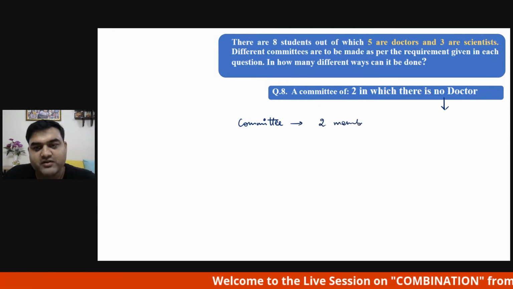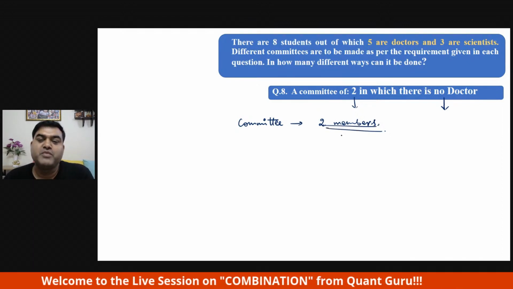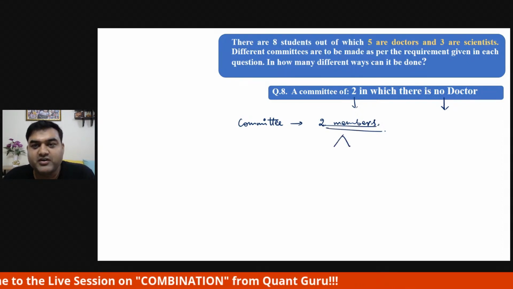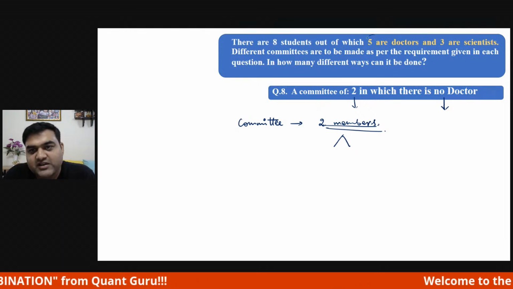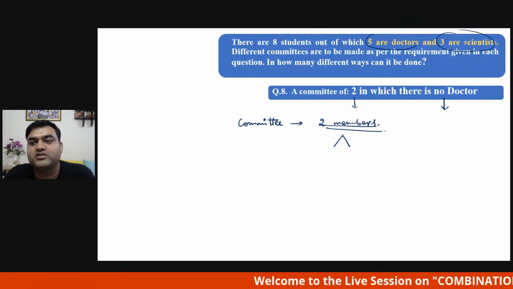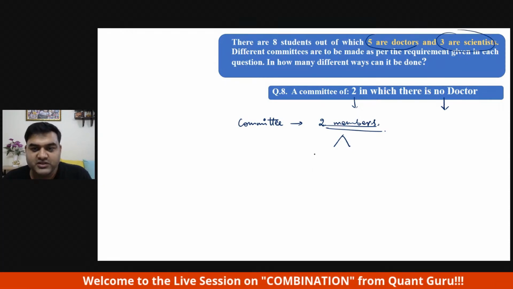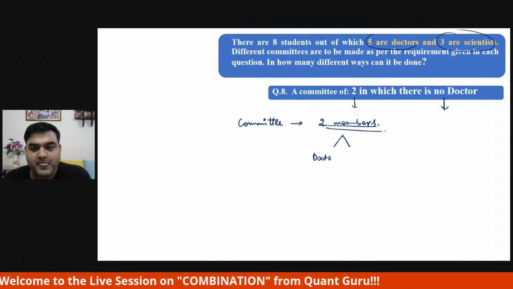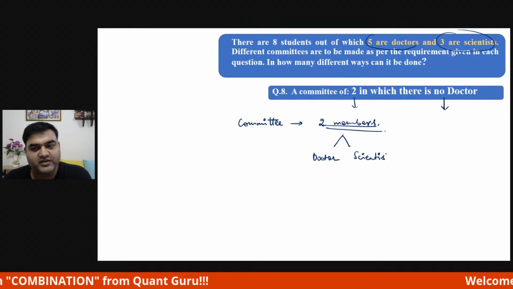And the members can be what? Here it is given 8 students. Out of that, 5 are doctors and 3 are scientists. So these 2 members have to be either doctor or scientist, correct? Nothing else.